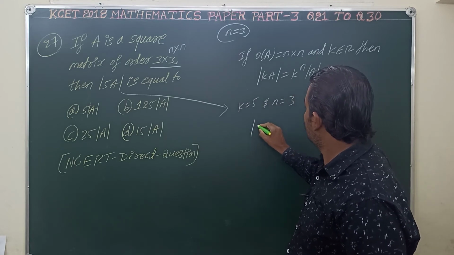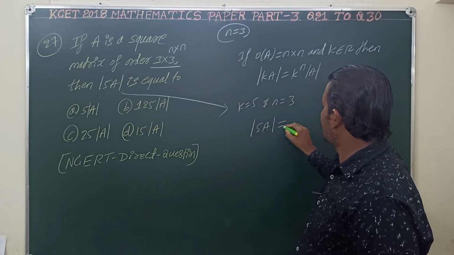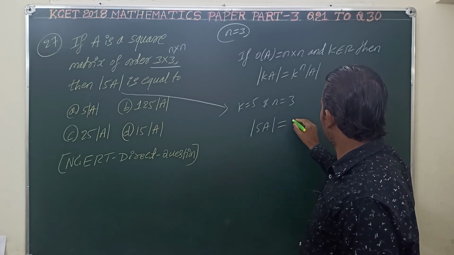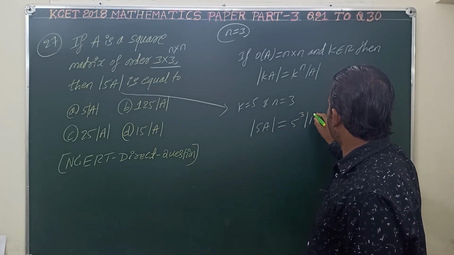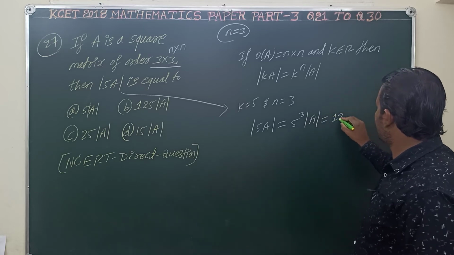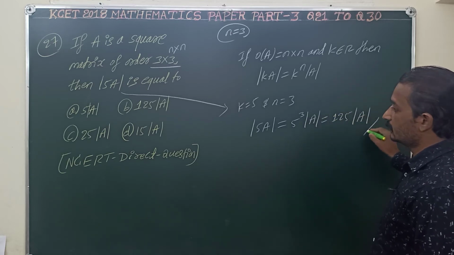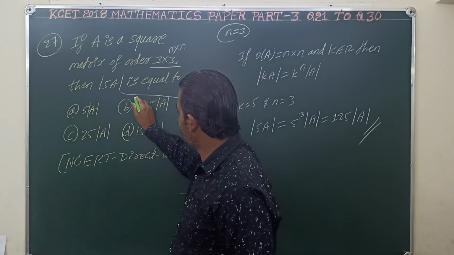So the determinant of 5A is equal to 5 to the power of 3 into determinant A, nothing but 125 into determinant A. Option B is correct in this case.